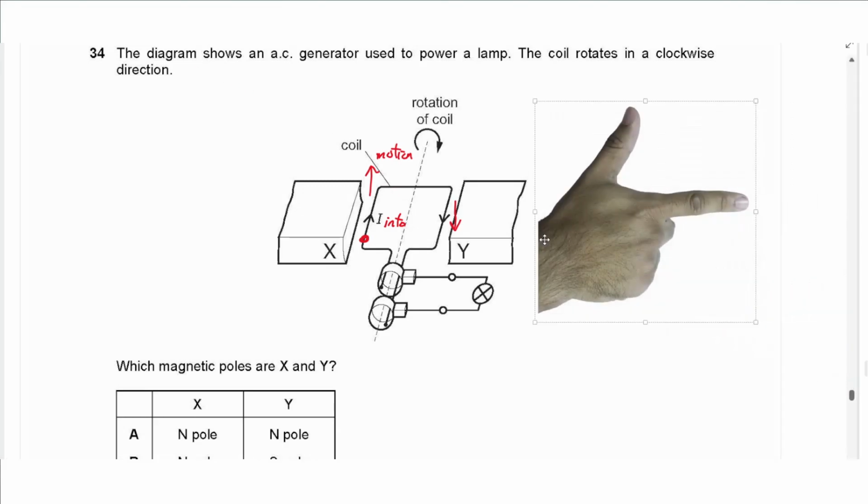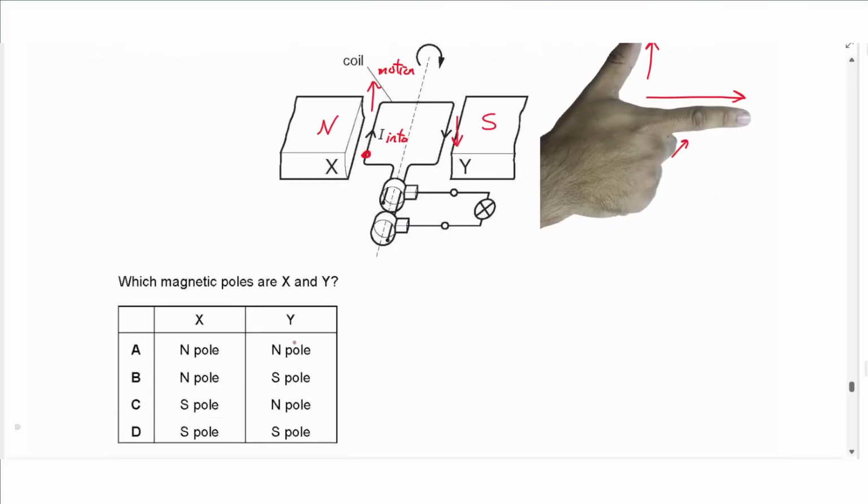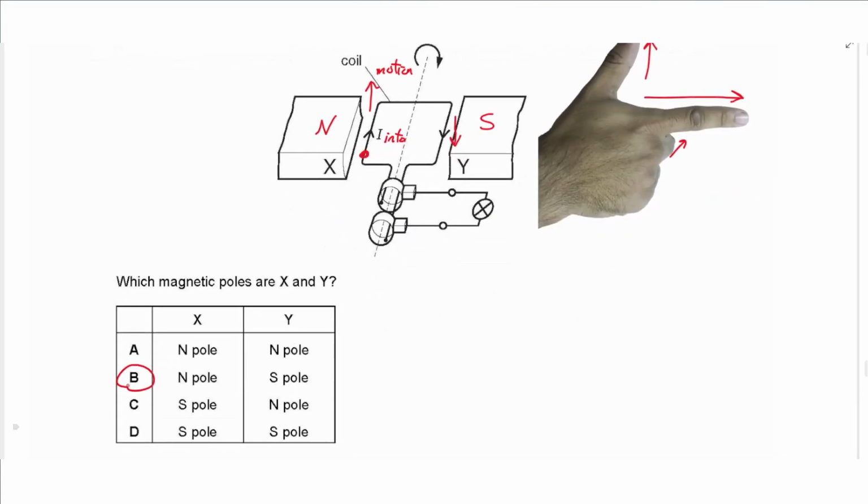If we use the right hand rule like this, with the middle finger going into the page and the thumb pointing towards the motion upwards, the index finger is pointing to the right, which means that X is the N pole and Y is the S pole. So the answer is B.